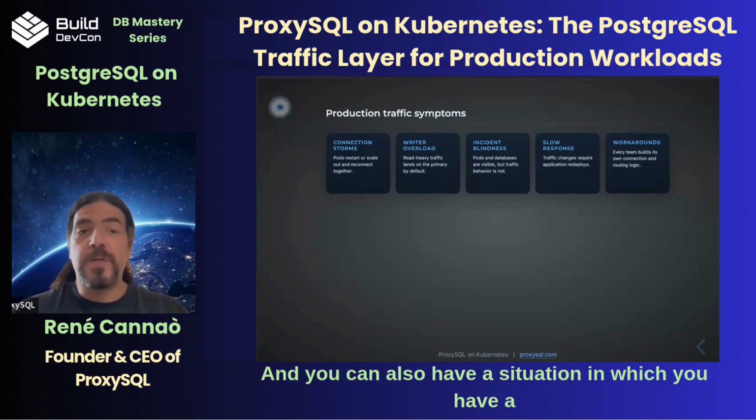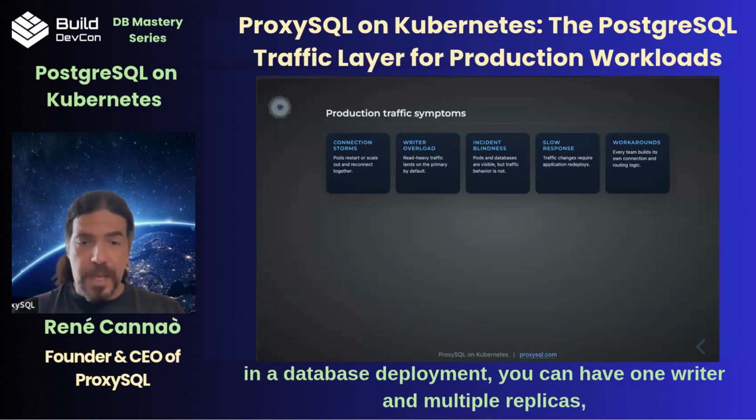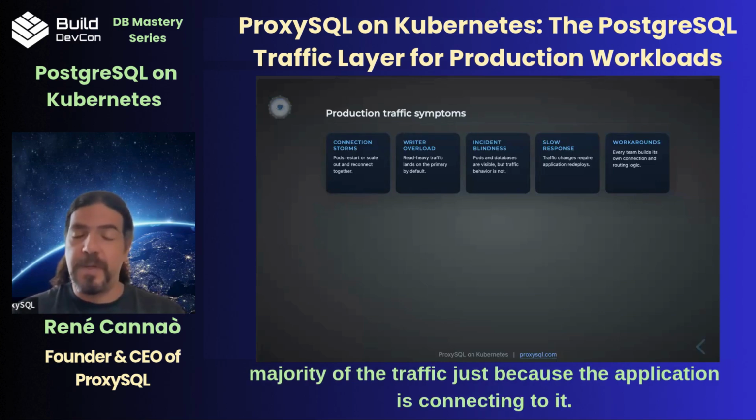You can also have a situation in which you have an overloaded writer. In a database deployment, you can have one writer and multiple replicas, and the writer might be the one absorbing the majority of the traffic just because the application is connecting to it.